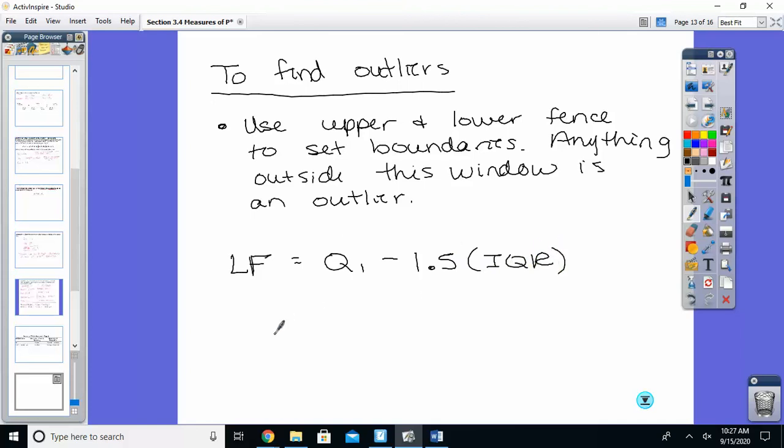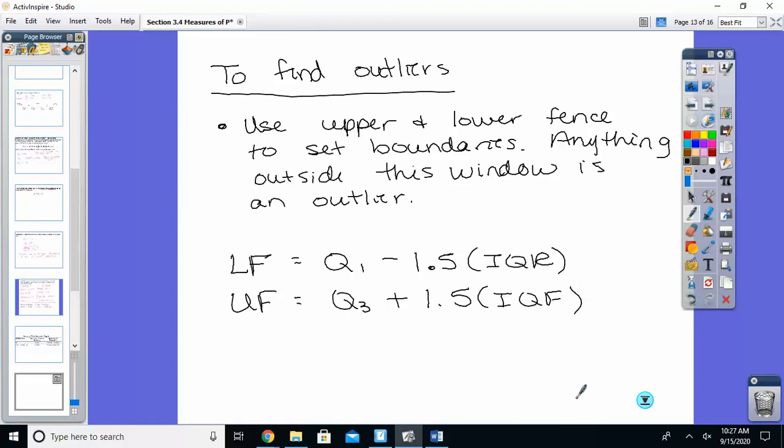And that basically tells you the lowest value. So anything lower than that number would be an outlier. The upper fence is based off quartile 3. So it's quartile 3 plus 1.5 times the interquartile range. So anything bigger than the upper fence would be an outlier.